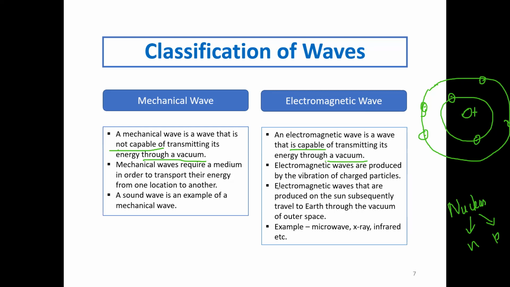See, the EM wave produced on the sun comes through the vacuum to the Earth. Some examples of electromagnetic waves are microwave, X-ray, infrared, etc.